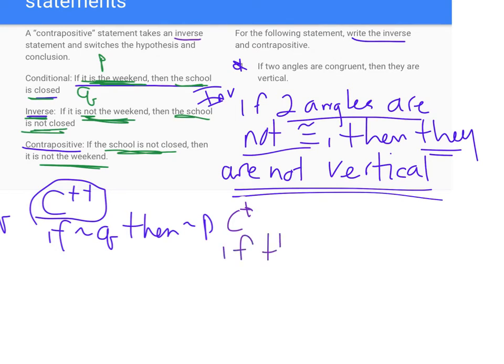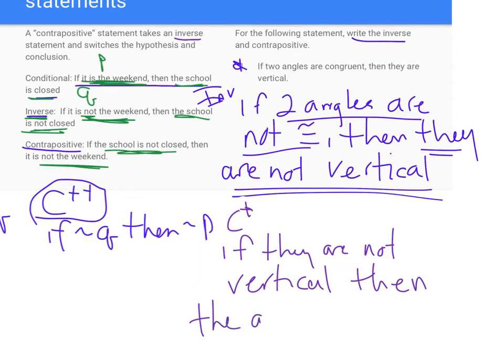If they are not vertical, implying the two angles, then the angles are not congruent. So I'm going to flip it around. If not Q, then not P.